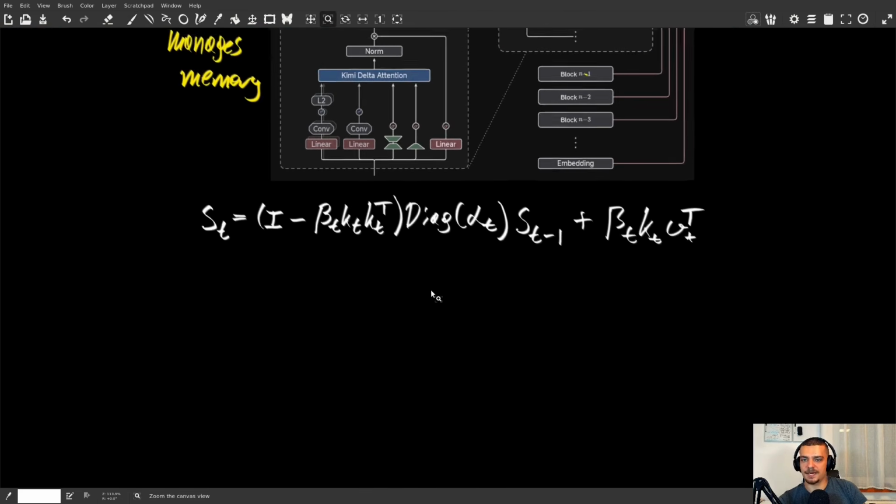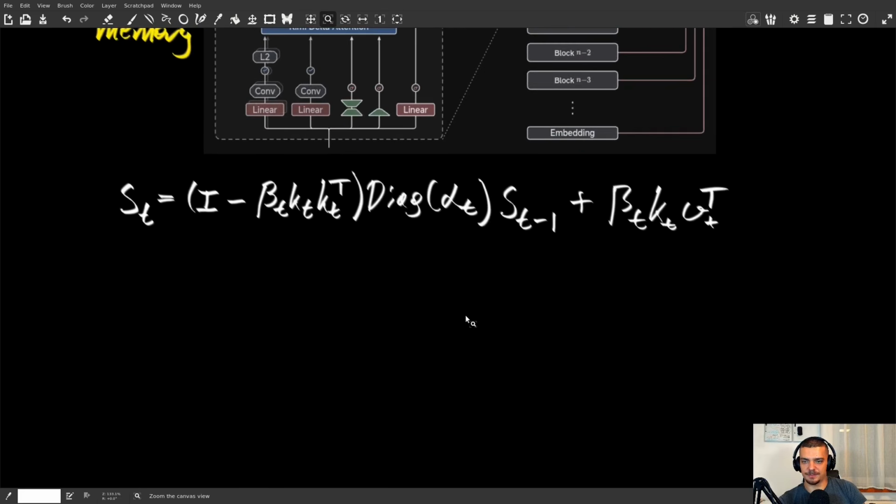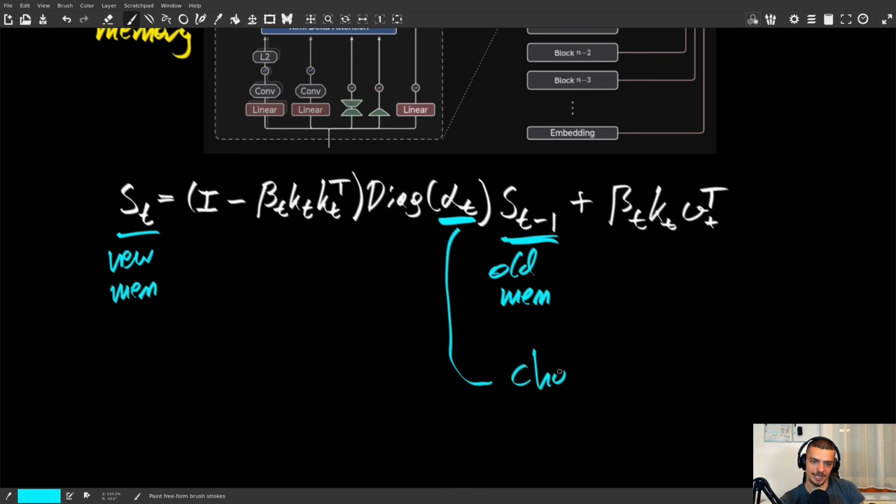So this might look confusing, but you need to understand what is happening here. Basically, you have the new memory state and the old memory state. And then you have two mechanisms. You have the vector, which is for channel-wise decay of memory.